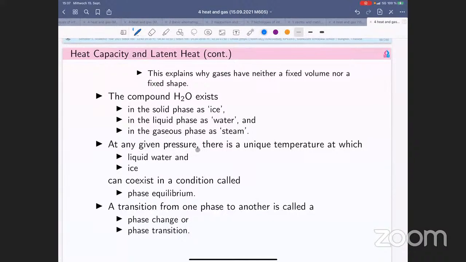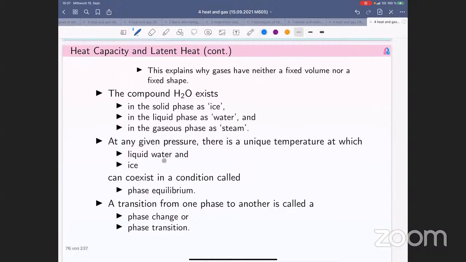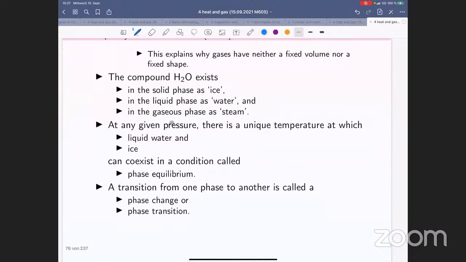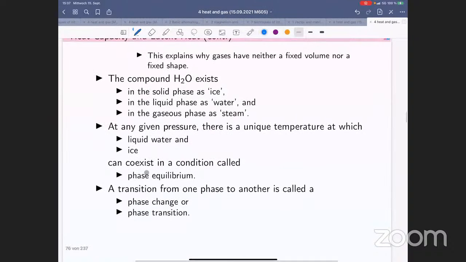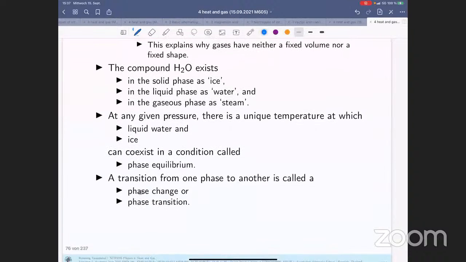At any given pressure, there is a unique temperature at which liquid water and ice can coexist, in a condition called phase equilibrium. In some situations, liquid water and ice can stay together.